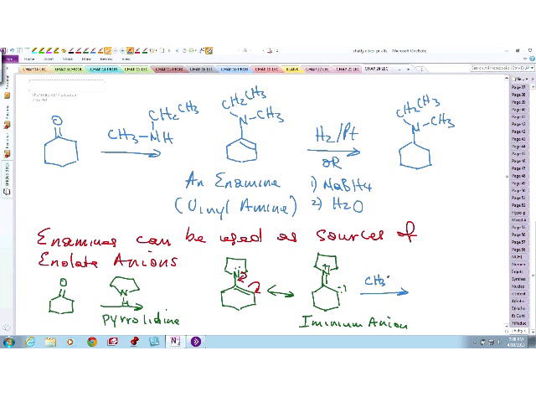Say we add an alkyl halide in an SN2 type reaction, because this carbon now becomes nucleophilic, so you could get this. So now you alkylate this carbon here.